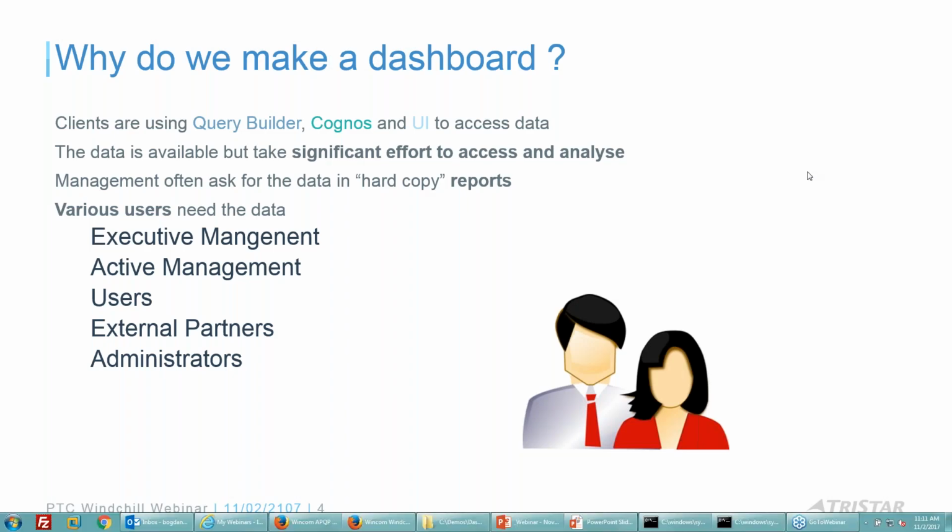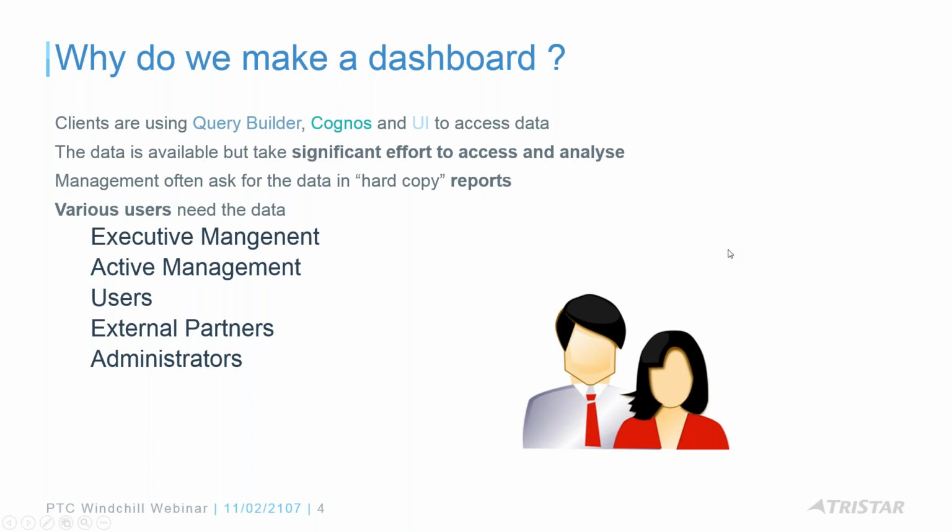So what is the EAP? What is the dashboard? What we found is our customers were usually getting reports out of Windchill and other systems, using either Query Builder within Windchill, maybe Info Engine tasks.